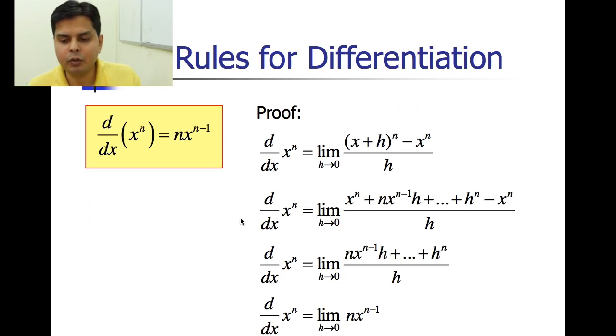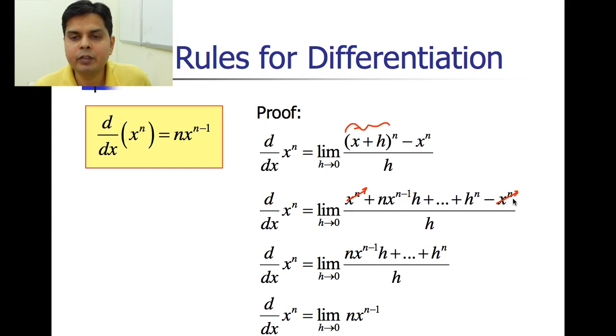Now I will derive this rule. How does it happen? Very simple. The proof is, I have to find d by dx of x to the power n. So I can write, using first principle for finding derivative, it will be x plus h whole to the power n minus x to the power n, divided by h. Now using binomial theorem I will expand this. So this will be x to the power n plus n x to the power n minus 1 h, and all these terms, minus x to the power n. So this x to the power n and this will cancel out each other. You will be left with n x to the power n minus 1 h plus all the higher powers of h.